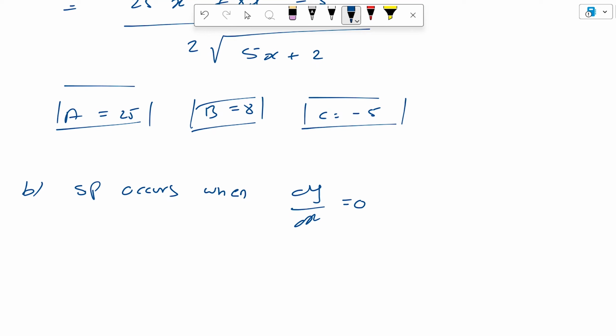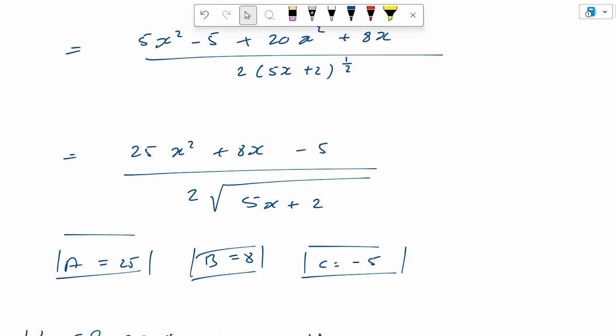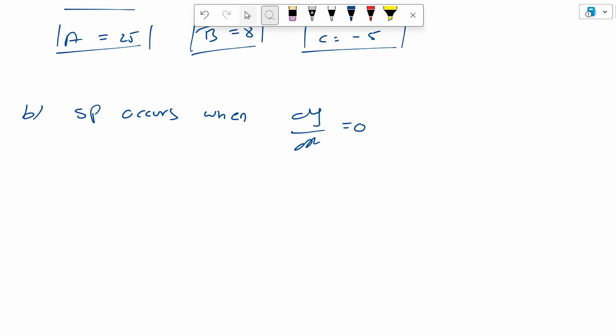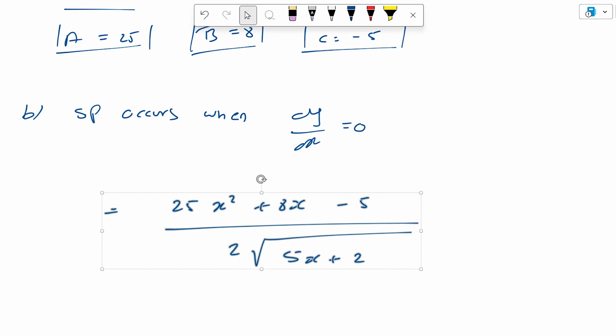Okay, so let's just rewrite this equation down here. This is going to be our simplified dy over dx.